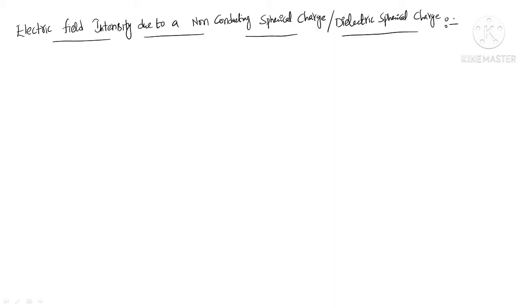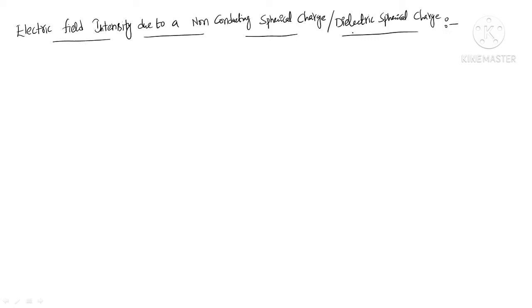What is meant by a non-conducting or dielectric spherical charge? Here the charges are fixed, they are not movable. When they are not movable, there will be no current, because whenever there is a charge movement, only then can we say that there is a current. In such a case we call it a non-conducting material.